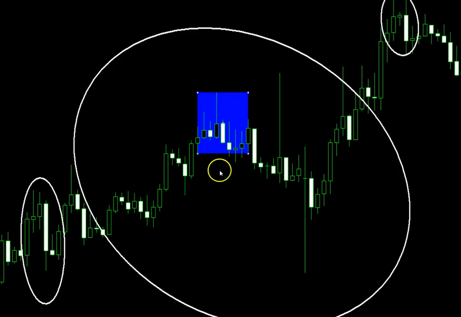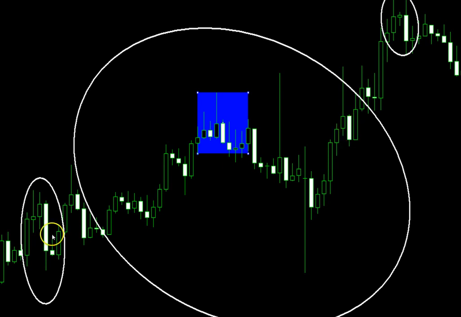Oh, here, look what I just saw. You see this candle? That's a doji. Remember? The doji is where the open and the close are the same. Okay? Shows indecisiveness in the market. This is a nice little doji right here. Let's see if there's another one. I don't see any other ones, but here's another bearish engulfing candle.